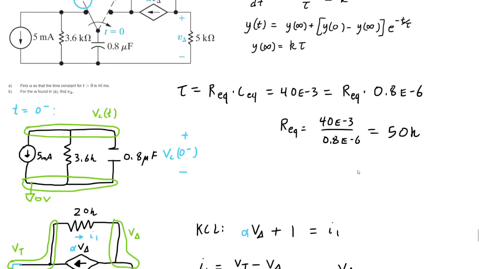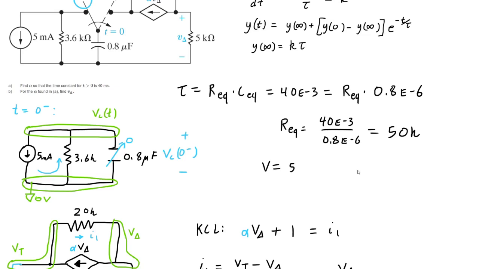So to find VC0 minus is really simple. Current through this is going to be 0 at the steady state. So that means all the current is going through that resistor. So the voltage drop across is proportional to the current times the resistance, Ohm's law.